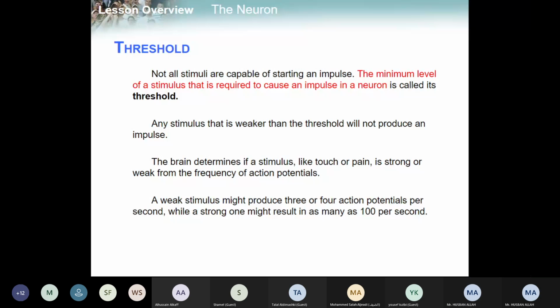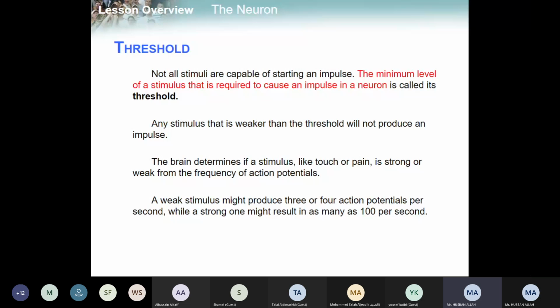On the other hand, if the frequency is too high, it also cannot produce impulses. Take the example of sound. The sound which our eardrums can receive ranges from 20 hertz to 20,000 hertz.